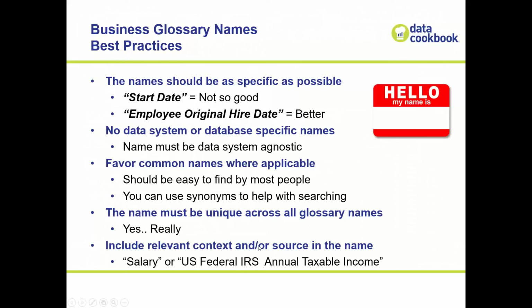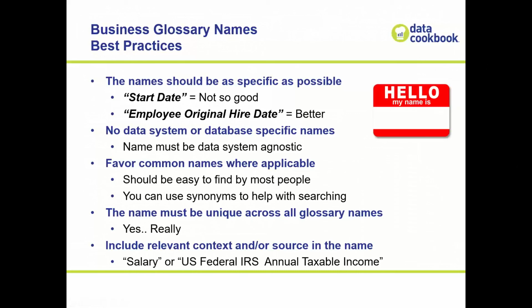The last thing, and we'll talk about this in more detail as well, is this concept of including relevant context or source in the name. If there are different definitions that you may commonly refer to as salary, someone says, hey, what's my salary? Or what's that person's salary?